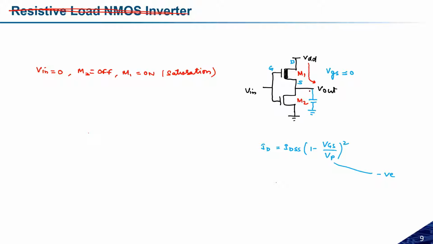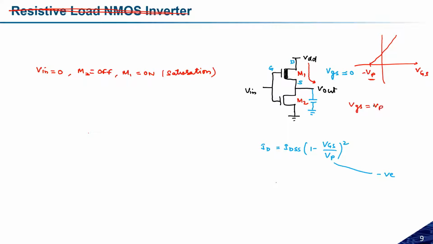We know the characteristics of the depletion kind of N MOSFET are something like this: VP, minus VP, and this is the VGS. Once the capacitor starts charging and the source voltage reaches VP, at that time VGS is equal to VP.